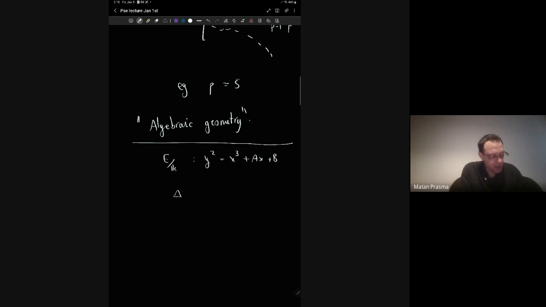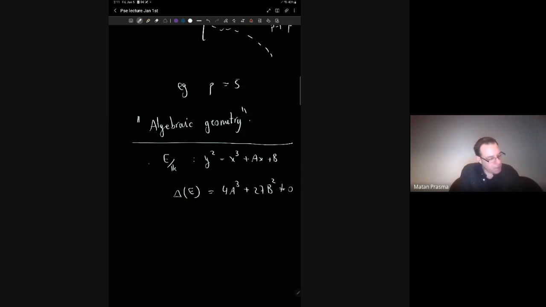And we said that an elliptic curve is such an equation with the condition that 4a cubed plus 27b squared is non-zero.